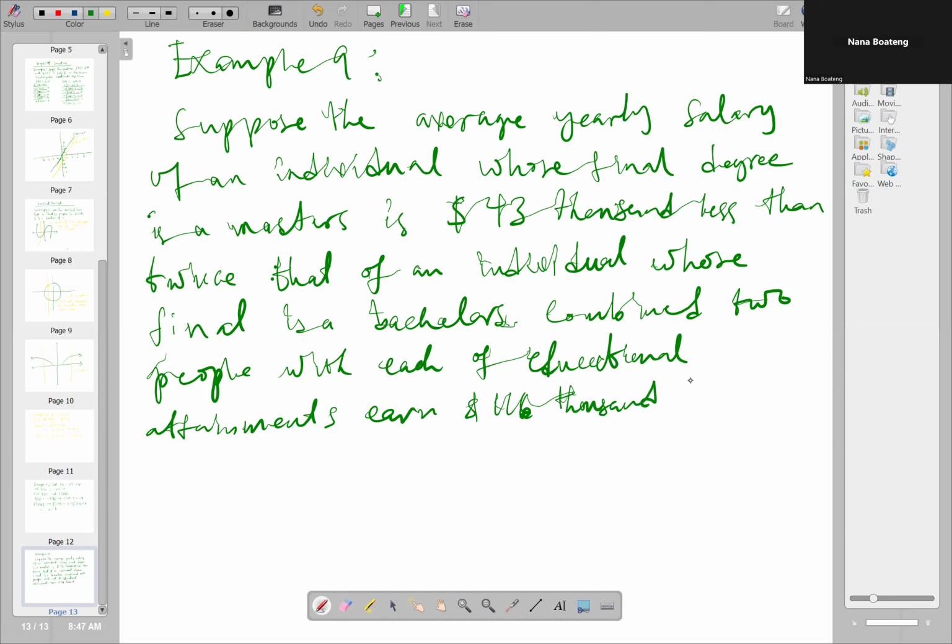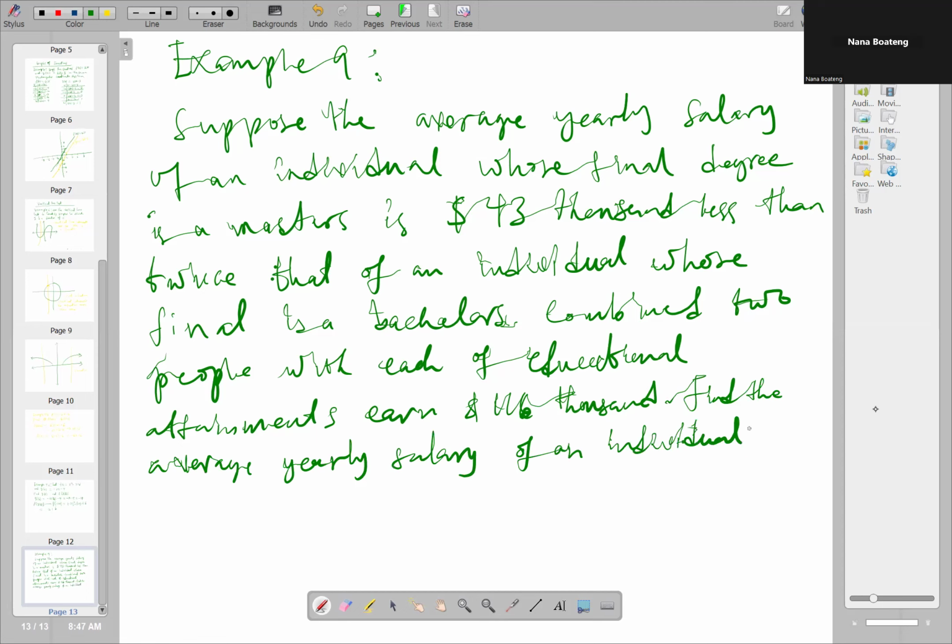Find the average yearly salary of an individual with each of these final degrees.